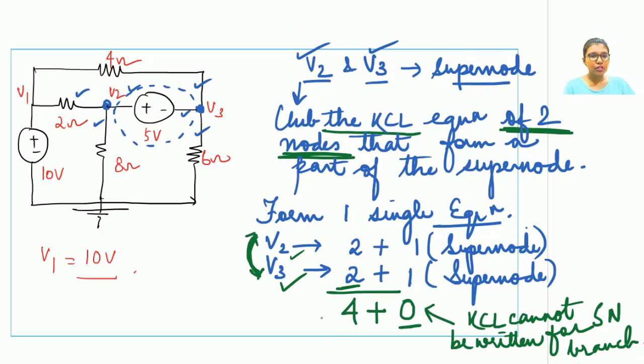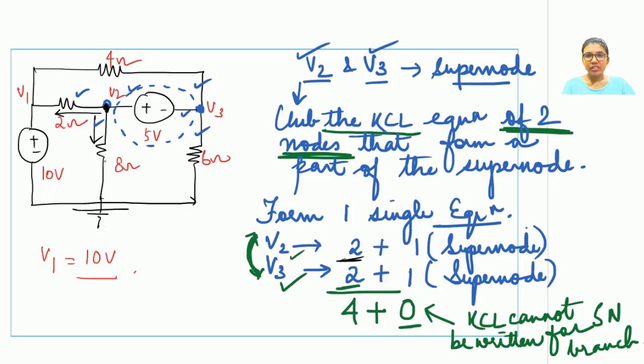How would the equations look like? Let us first write the 2 branch KCL equations associated with V2. So there are 3 branches. We will drop this supernode common branch. We will write the equation for this branch and for this branch. One more thing: the conditions of the nodal analysis remain the same for the supernode condition as well. The node for which the equation is to be written is assumed to be at higher potential, and the current is flowing in the outward direction only.